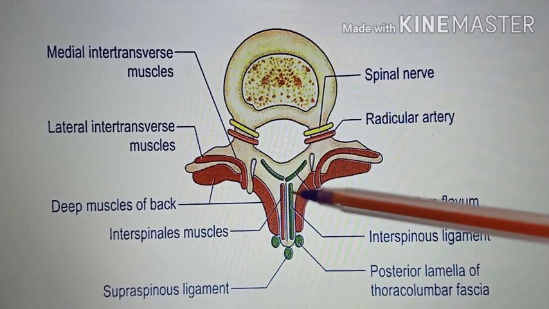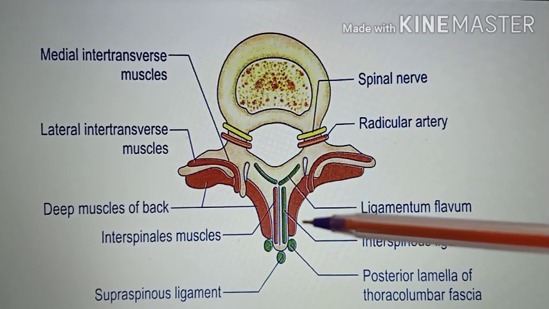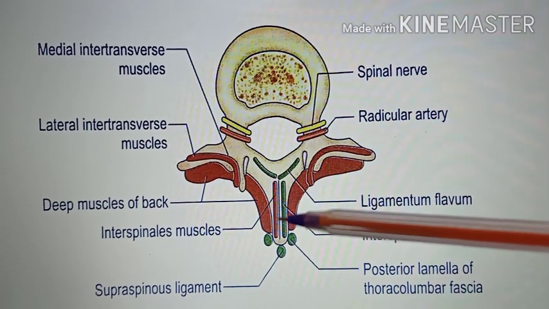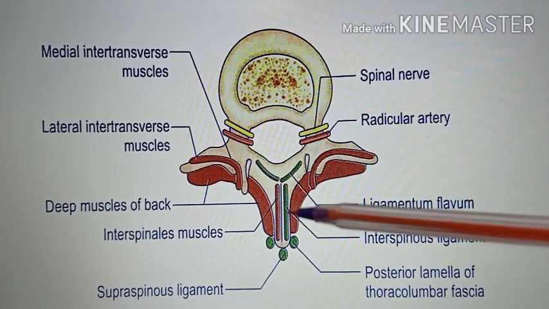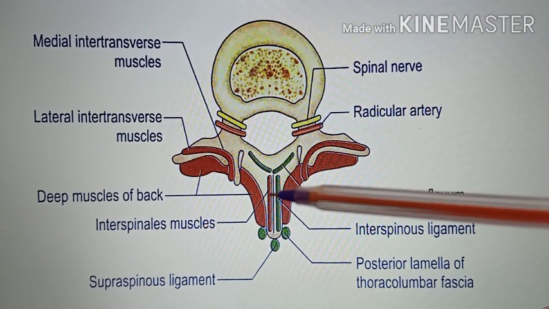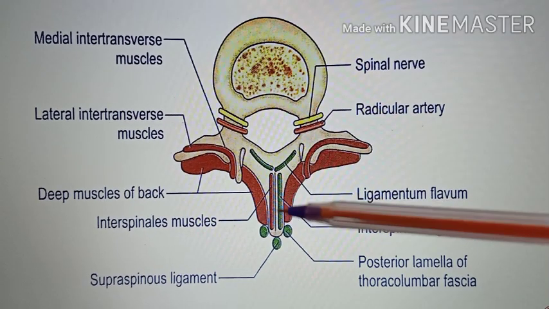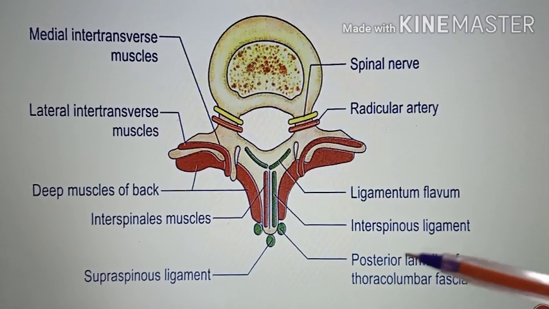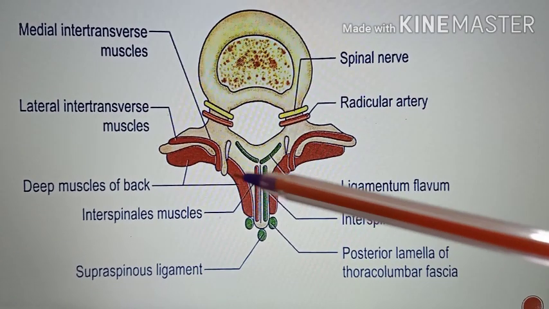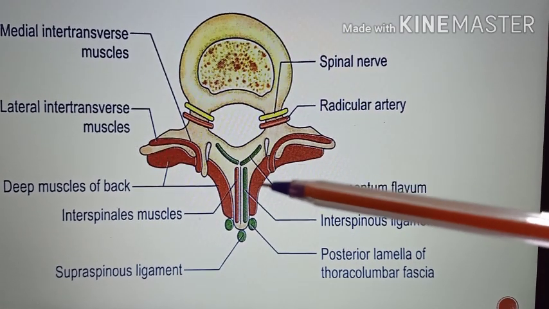Then the superior and inferior borders receive attachment to the interspinous ligament in the midline as well as the interspinalis muscle on each side. The erector spinae muscle as well as the multifidus muscle are attached to the sides of the spine.